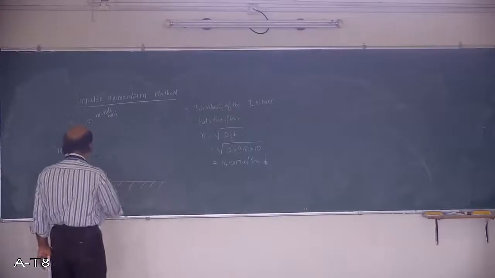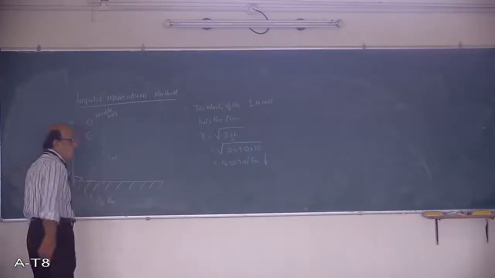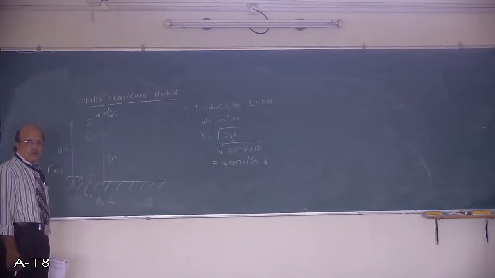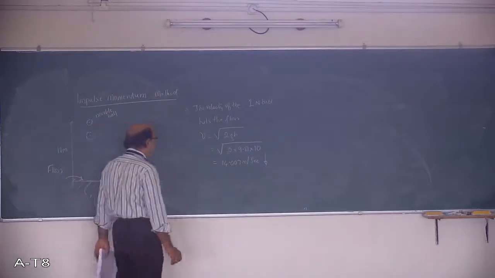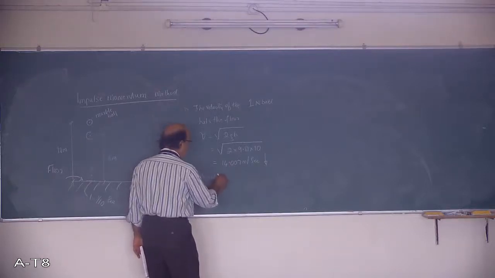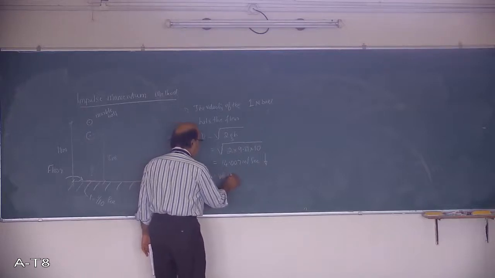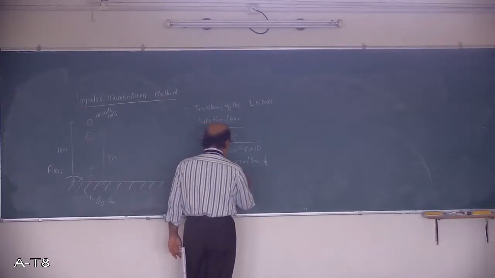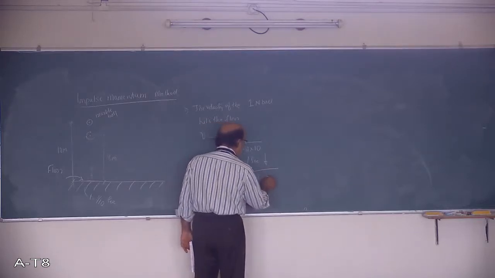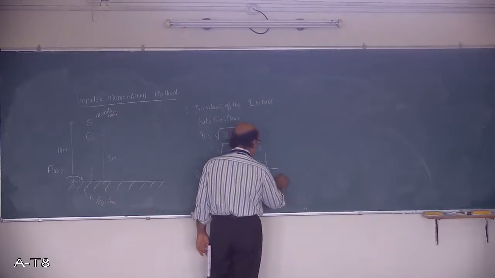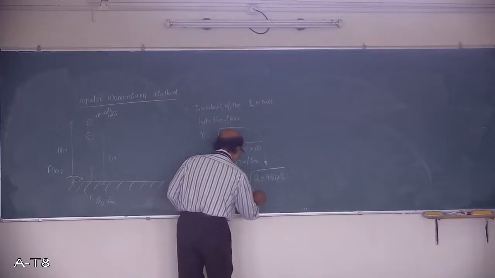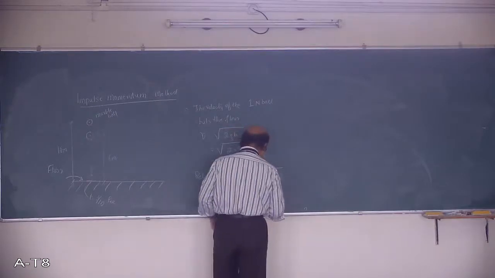Now, once it hits with a certain velocity, it rebounds back and becomes zero at a height of 8 meters. So that is the rebound velocity. I will work it out by the same equation, 2 into g, 9.81, but it rebounds back to 8 meters height.